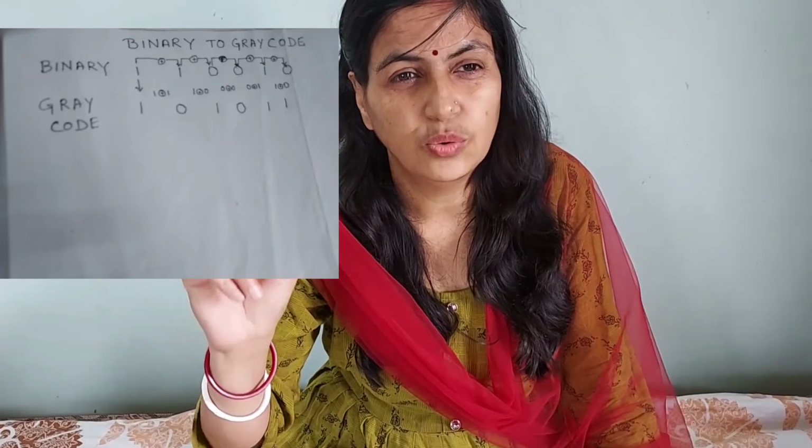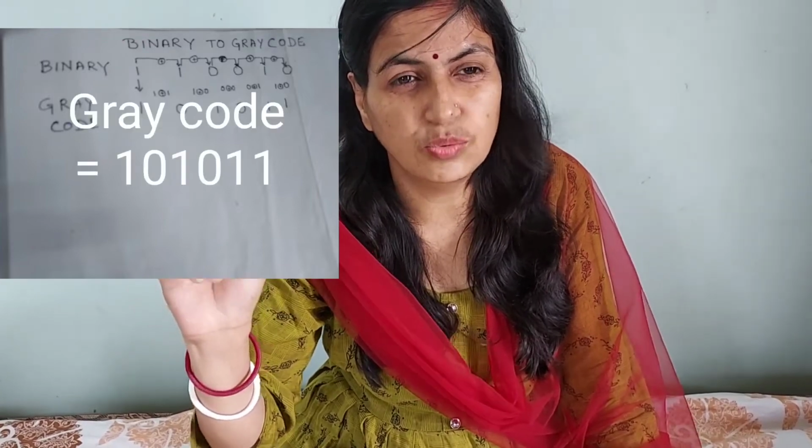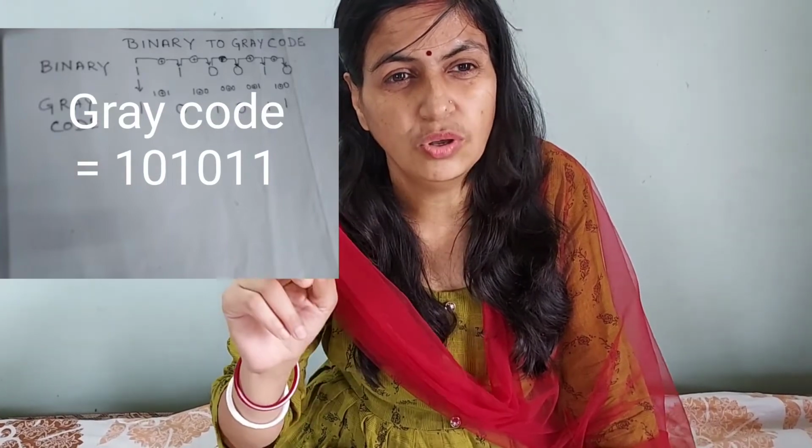And 1 XOR 0 is 1. Then the gray code becomes 1 0 1 0 1 1.